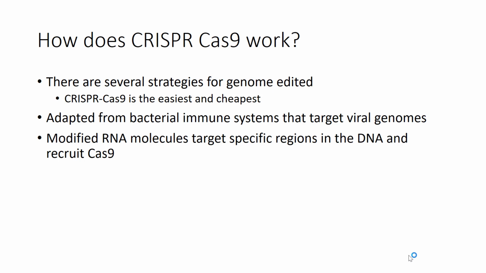And like in bacterial immune systems, it will recruit Cas9, and then this enzyme will cut the DNA at that location where that modified RNA is bound. And the beauty of this is it doesn't just cut the strand of DNA that the RNA is bound to, but it actually cuts both strands of the DNA.